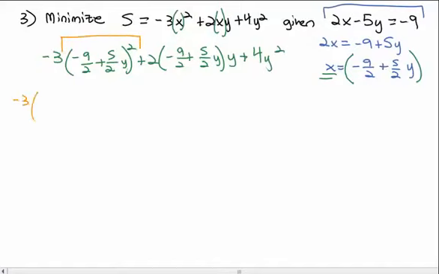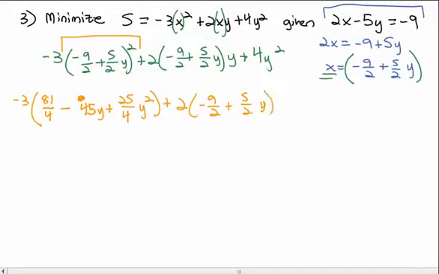We've got negative 3 times 81 over 4 minus 90 halves, which comes out to 45. That's nice. No more fraction. y plus 25 over 4 y squared, plus 2 times negative 9 halves plus 5 halves y times y plus 4y squared.